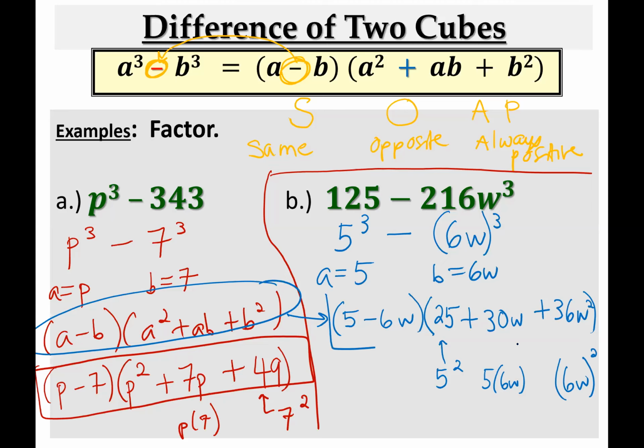So our final answer is 5 minus 6w in parentheses, and then, new parentheses, 25 plus 30w plus 36w squared. And again, our original problem was 125 minus 216w to the third. And we had to recognize that 125 was 5 cubed and 216 was 6 cubed.